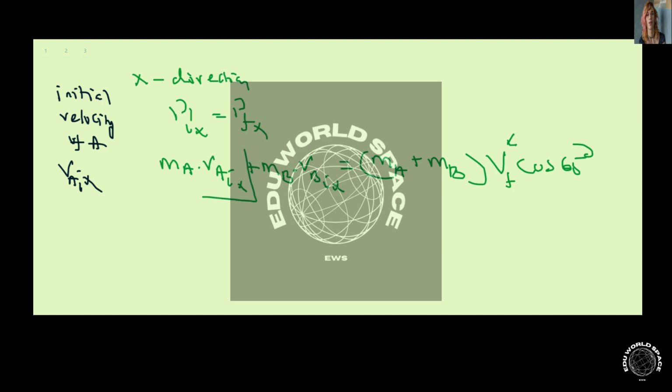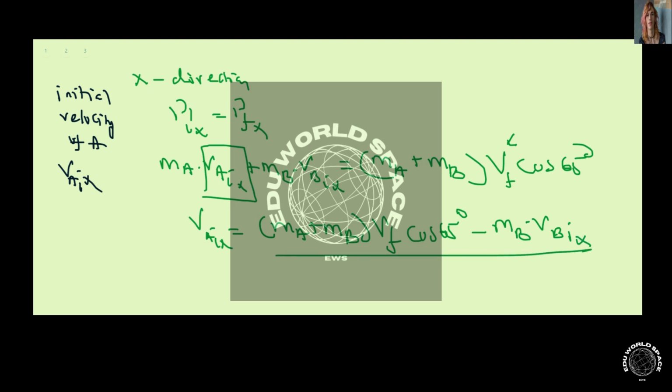We want to solve for the initial velocity of A in the x direction. When we simplify that problem, we get initial velocity of A in the x direction is mA plus mB, v final, cosine 65, and then minus mB, vB initial in the x, all over the mass of A. We plug in the numbers. Mass of A is 2,000 kilograms.